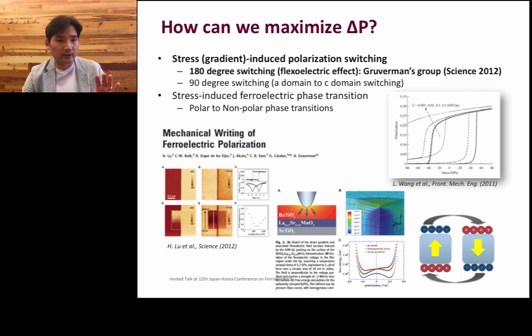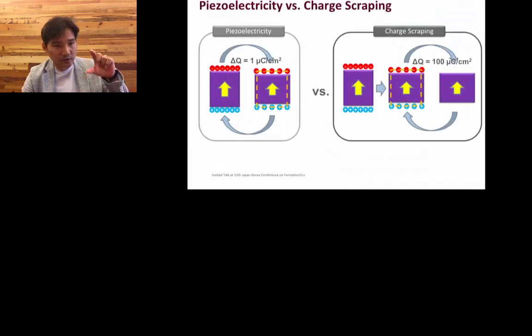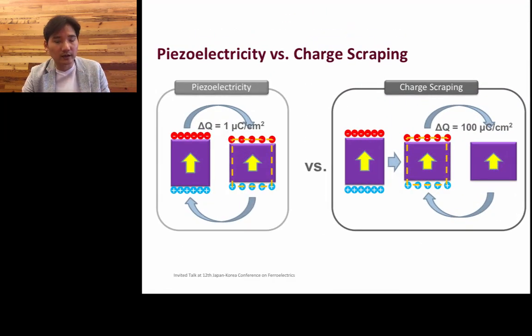But that was very limited because the flexoelectric effect is a one-way road. You push and switch one direction, but if you want to make it back, you have to push it from the other side, which is very challenging. So we came up with the CGM idea where you squeeze and then scrape. You can have half as much as 2PR, but that's already 100 times more than the piezoelectric effect.